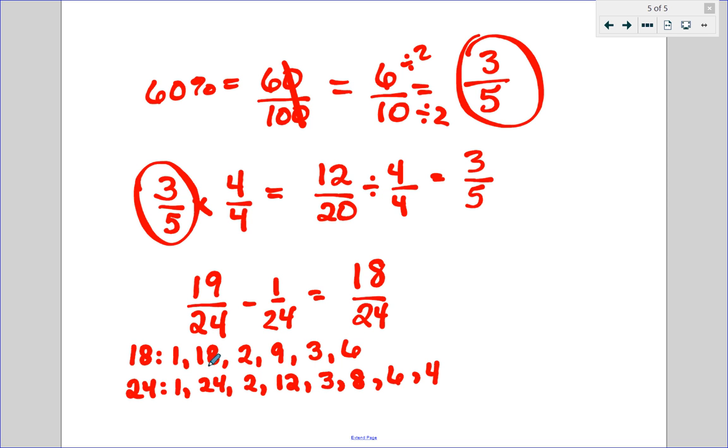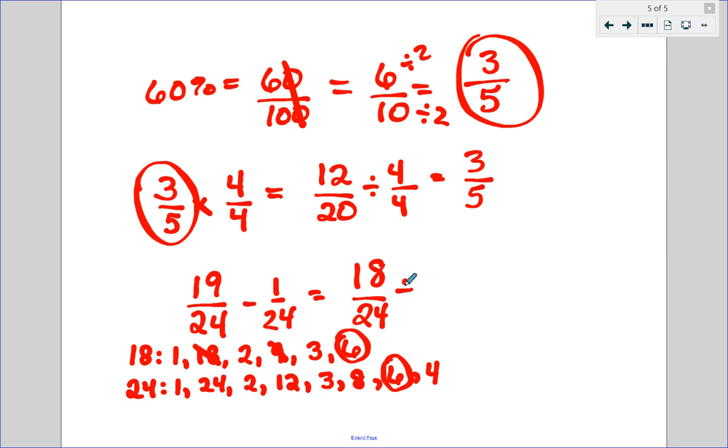So I start with the highest number up top, 18. Nope, don't see an 18, so we'll cross that out. How about a 9? Do I see a 9 down here? Nope, so we cross that out. How about a 6? Do I see a 6 down here? Yep, I see a 6. So 6 is my largest common factor, my greatest common factor.